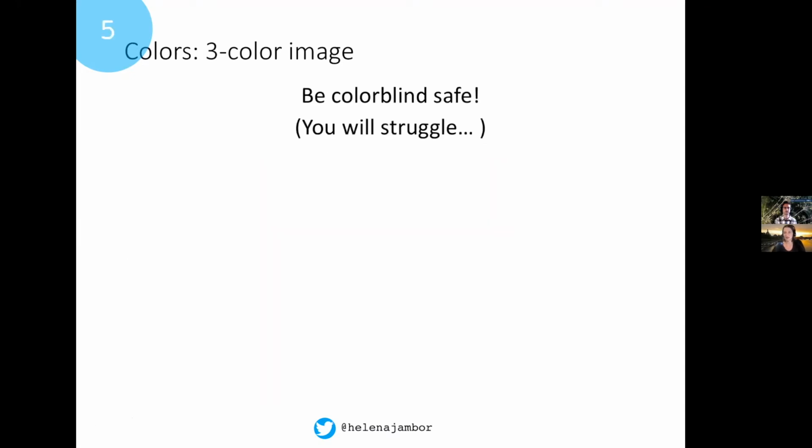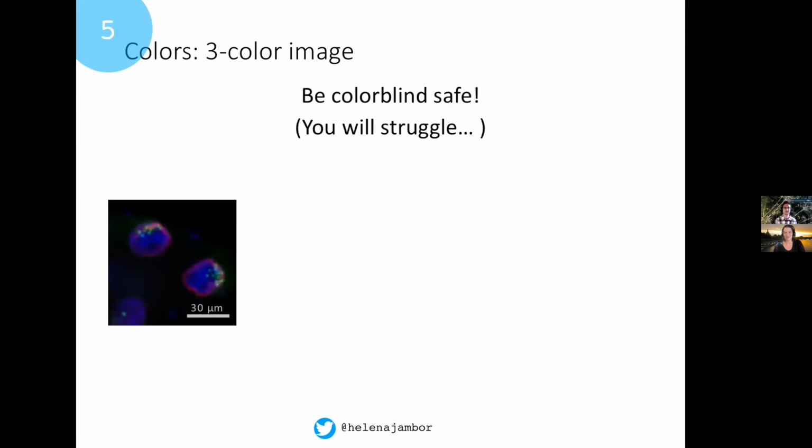If you have microscopy images with 3 colors or even more, still try to be colorblind safe, but I will immediately point out to you that this will be a struggle and it will be essentially impossible. So you will need to come up with different kinds of strategies of showing a 3-color image in a colorblind safe manner.